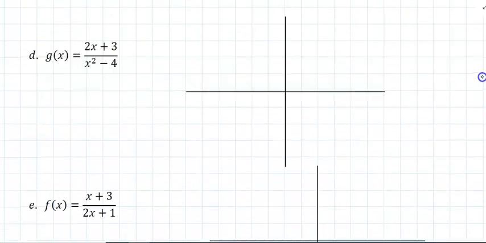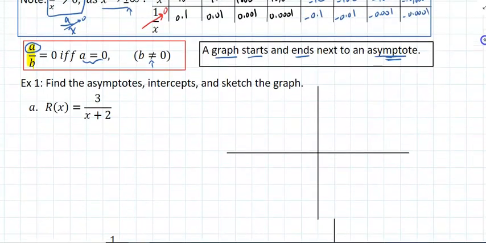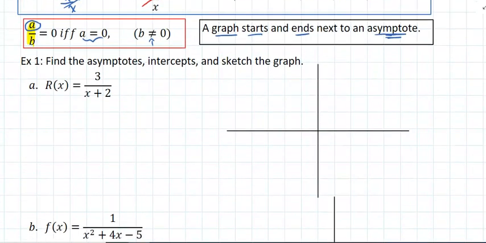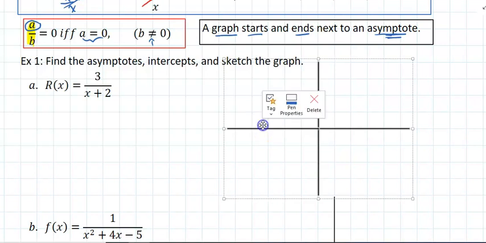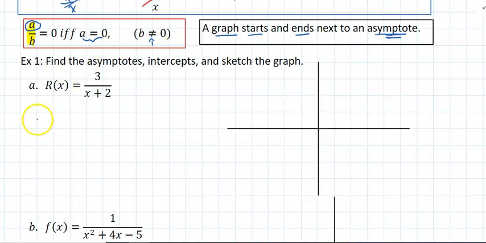So let's clarify. Find the asymptotes, intercepts, sketch a graph. Well, it turns out the asymptotes and the intercepts are a key for you to sketch the graph. Without those, you can't sketch a graph. So to make it easy, let's see. One, vertical asymptote. And we're going to denote that by VA. 2, horizontal asymptote.